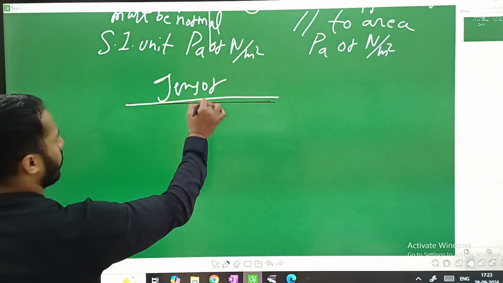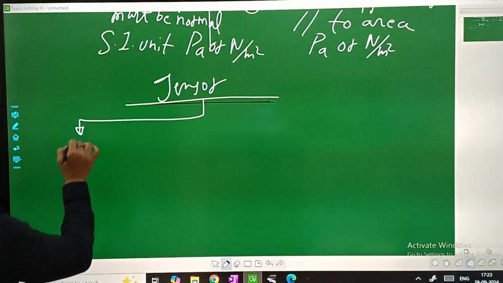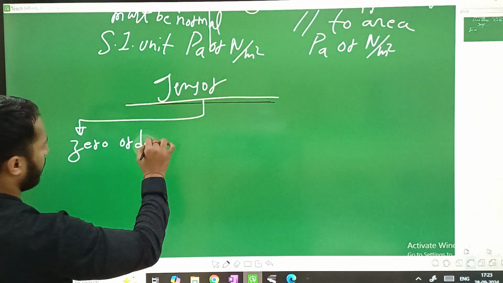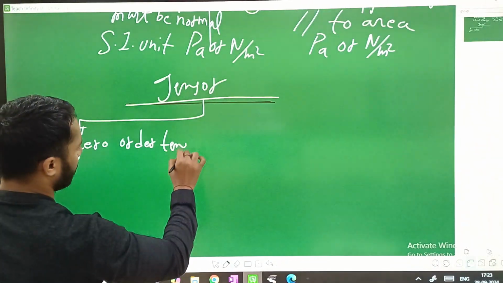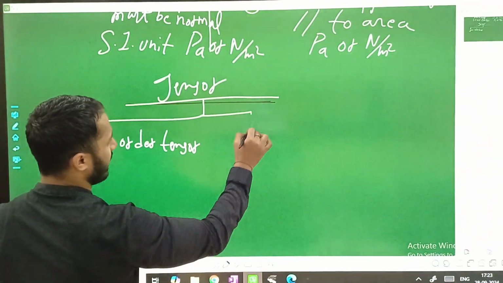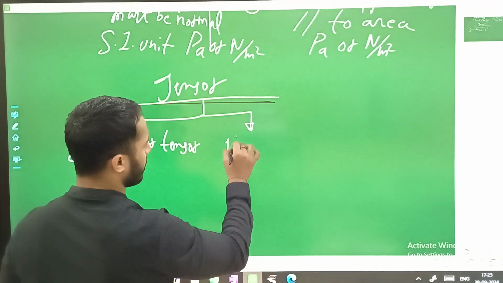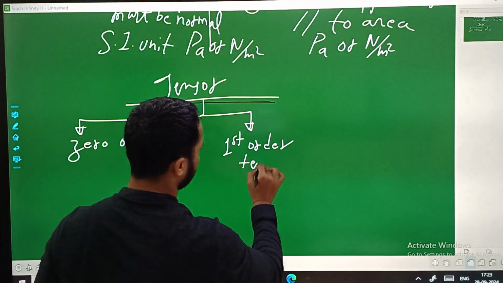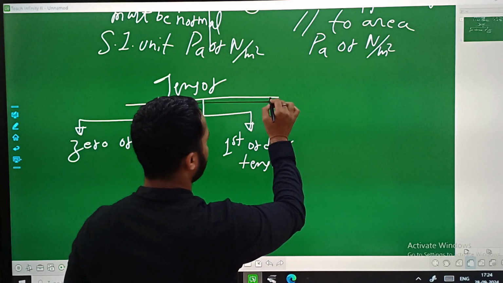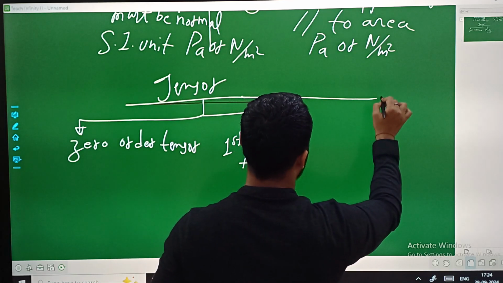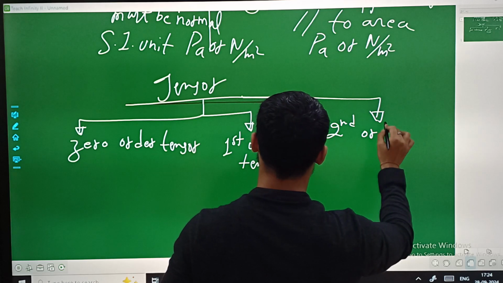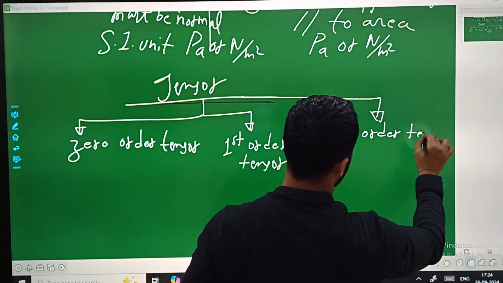Okay, so tensor is further classified as zero order tensor, first order tensor, and second order tensor.